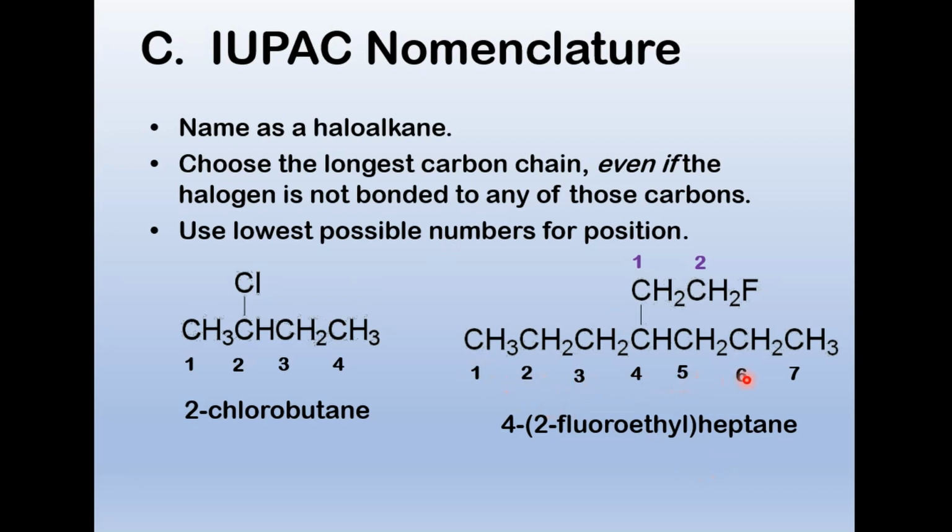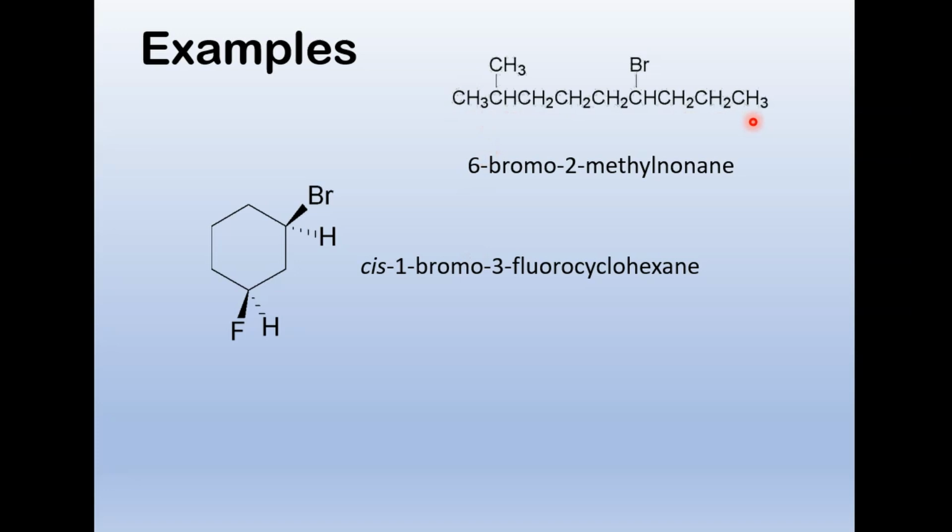Here we have our 7-carbon chain, a derivative of heptane, and now we want to use that complex substituent convention we learned earlier, where this is an ethyl, and we start numbering number 1 where it's connected to the chain, so this makes this a 2-fluoroethyl. So this gets the name 4-(2-fluoroethyl)heptane. Up here I see a long carbon chain.